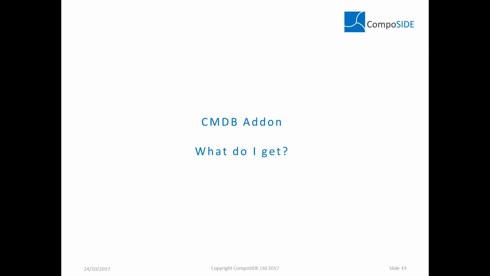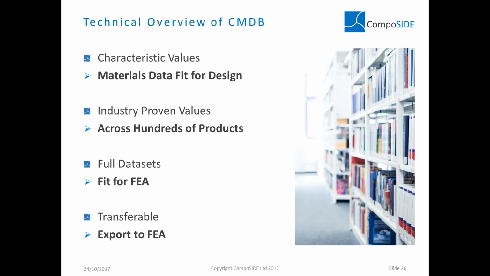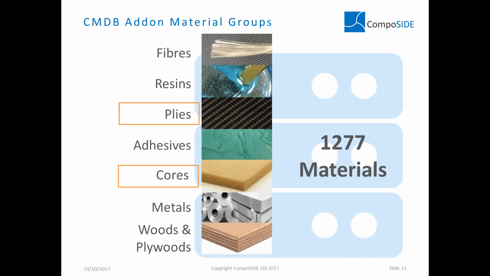So with the add-on itself, what would we expect? The data we would get is fit for design. This includes a complete set of properties that we would need for FEA. If we look at some of the add-on itself, we've got over 1,200 materials, as I said.